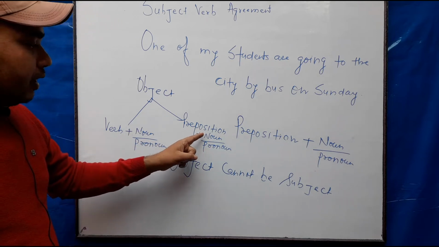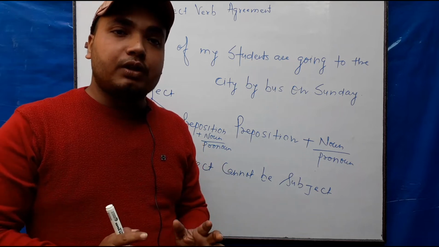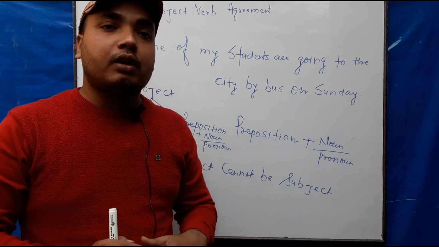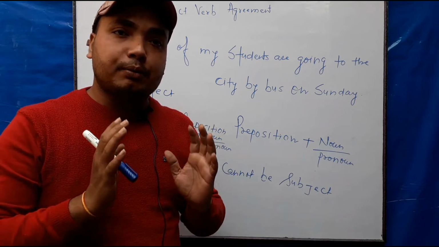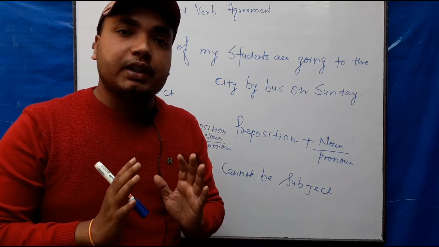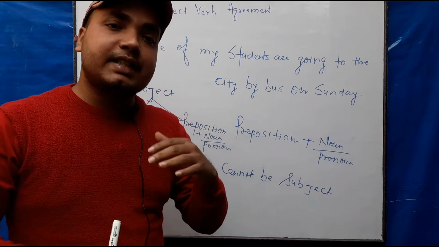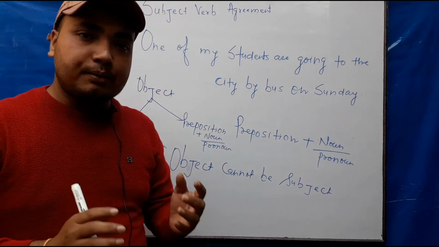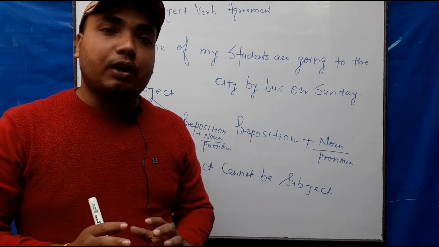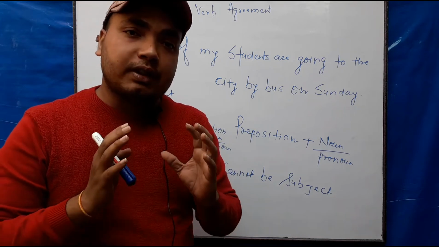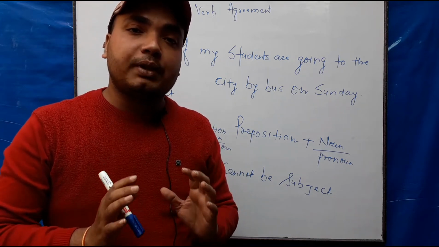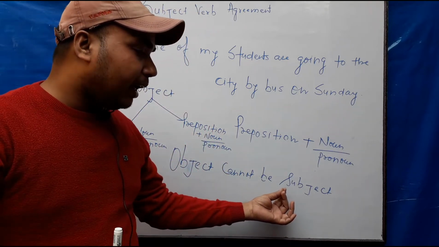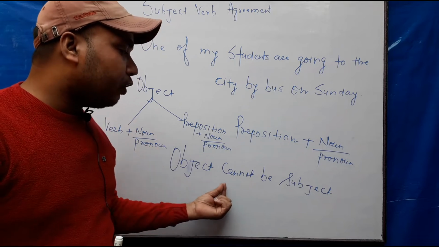If any noun or pronoun comes after a preposition, that noun or pronoun is the object of that preposition and object cannot be subject. In the same way, if any noun or pronoun comes after the main verb, it is the object of that verb and object cannot be subject. So keep in your mind for always, object cannot be subject.